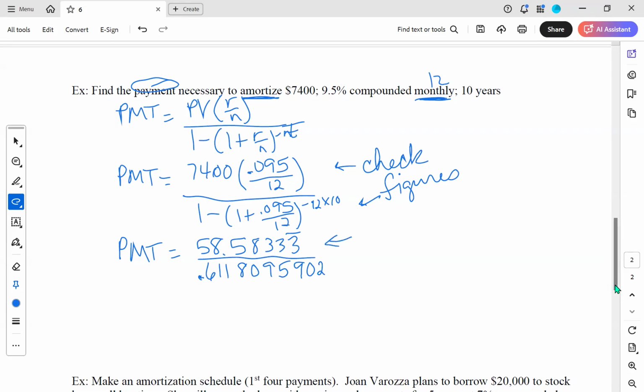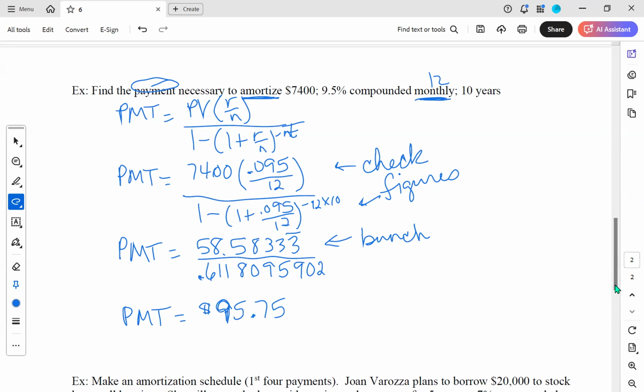Make sure that you type in a bunch of threes, okay? Continue it all the way to the end. Do not round until your very last number, which would be the amount of your payment, okay? And then hit divided by, and again, get all these decimal places in there. So this tells us that our payment's going to be $95.75.